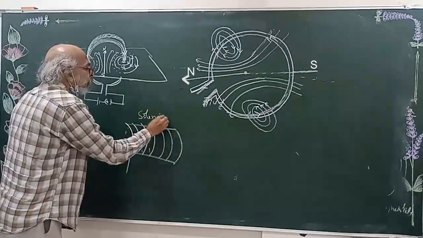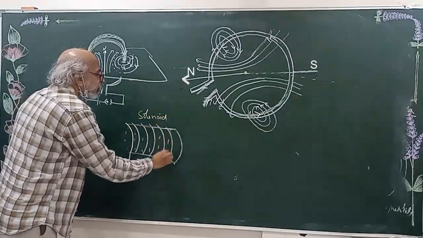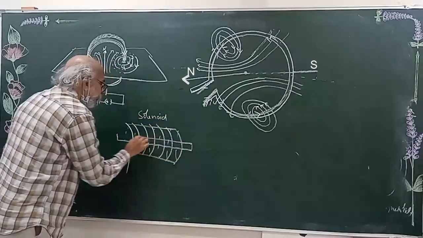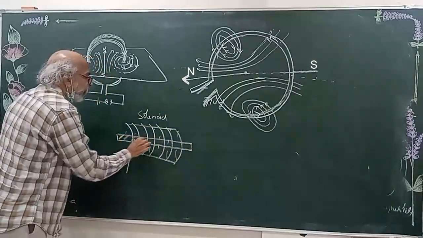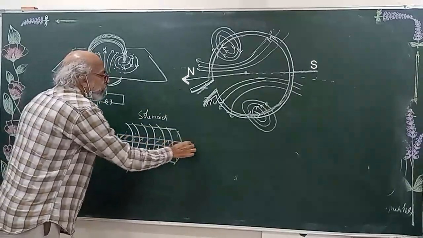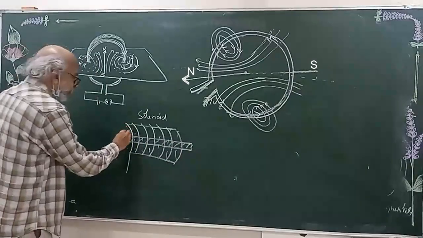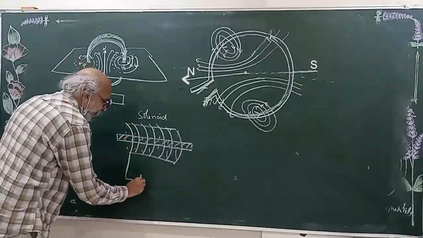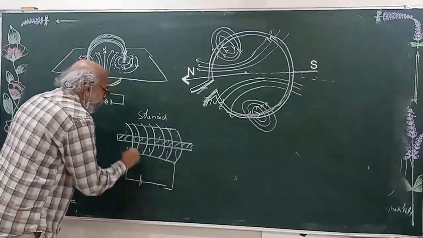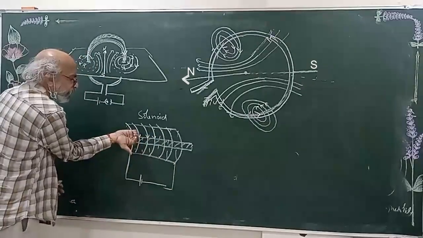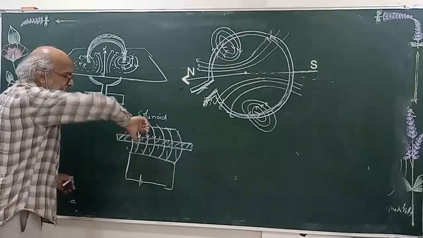Solenoid, wrapped around a magnetic material like a soft iron bar or nail. It is wrapped around this and connected to the current like this. As current is flowing in the downward direction, stretch the right hand thumb in this direction.